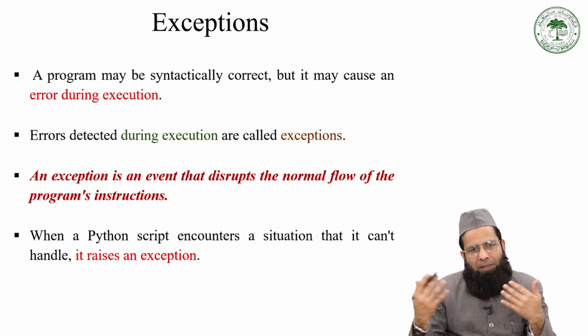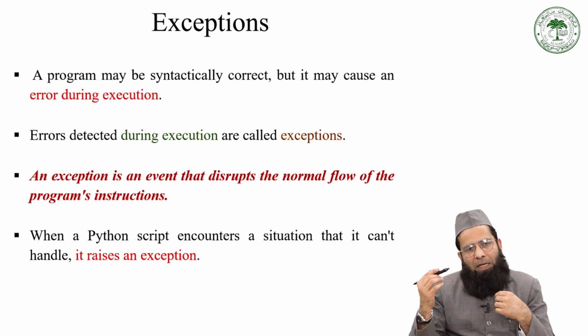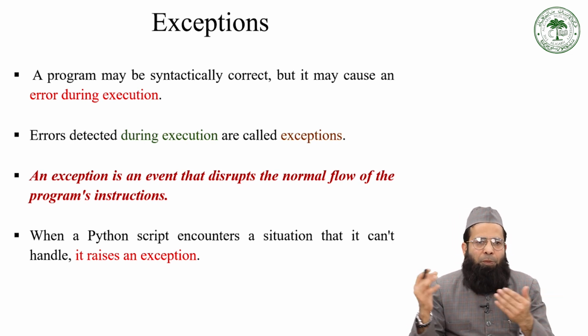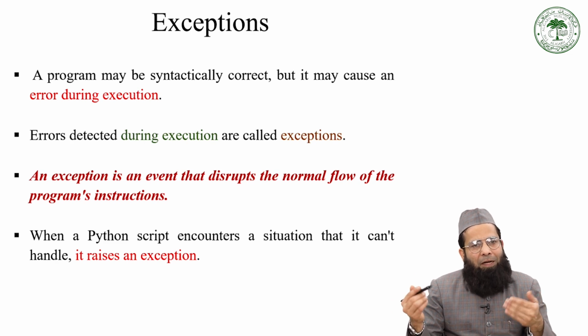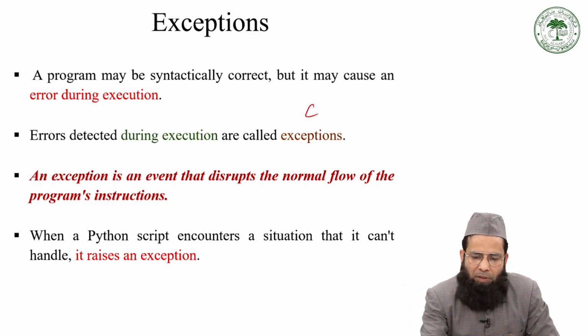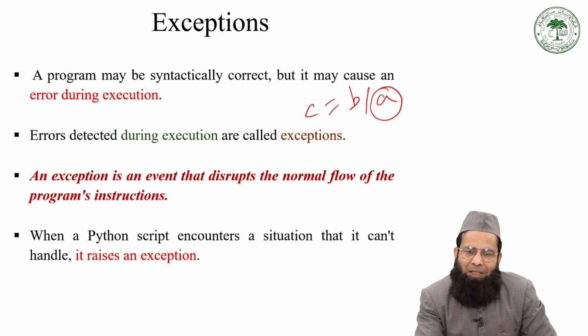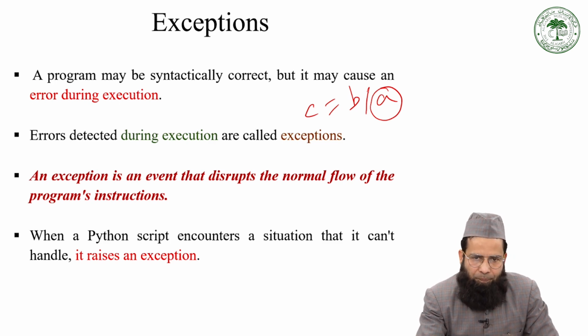The case may be, let's say, during runtime there is an expression in which divide by 0 occurs. Say you have written a program in Python, and let's say c is b divided by a, and somehow a is coming as 0. At that moment, your program would generate an exception, a divide by 0 exception.